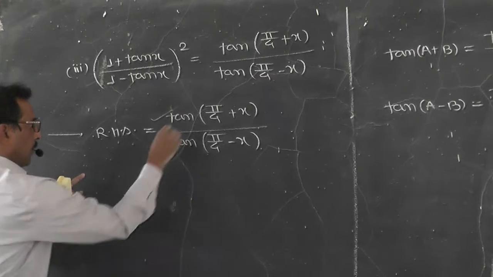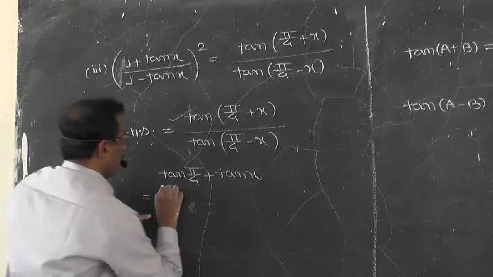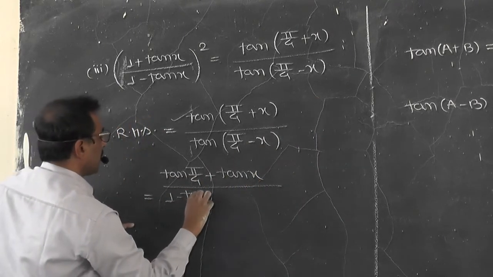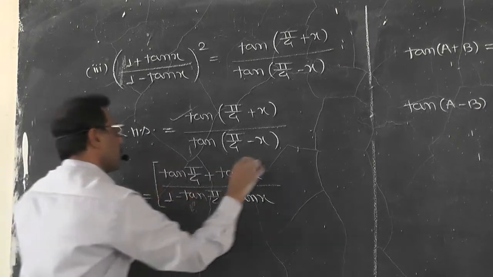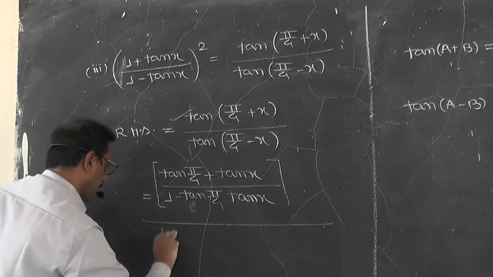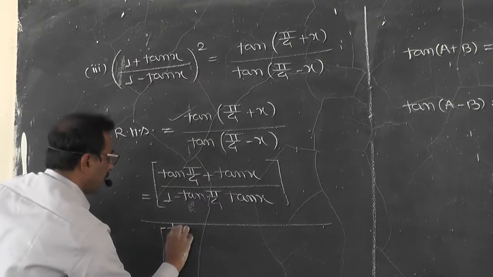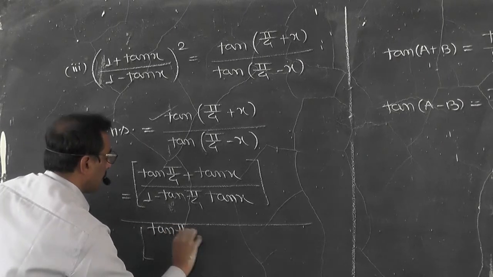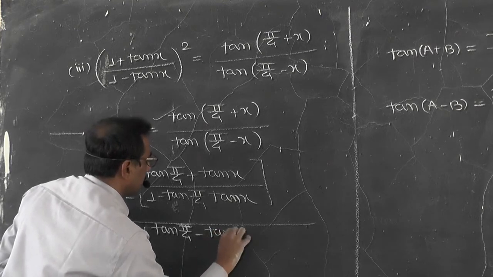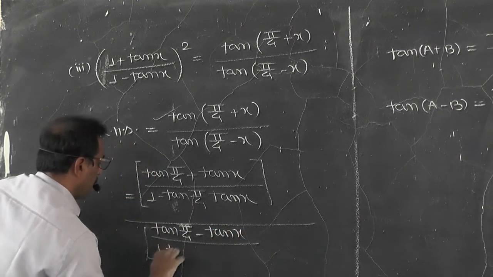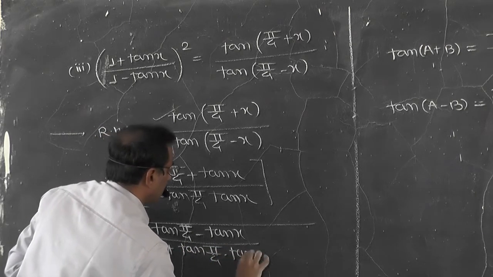Here it is tan of pi by 4 plus tan x, divided by 1 minus tan of pi by 4 into tan x, total divided by, in the same fashion for the denominator, using tan of a minus b: tan of pi by 4 minus tan x divided by 1 plus tan of pi by 4 into tan x.